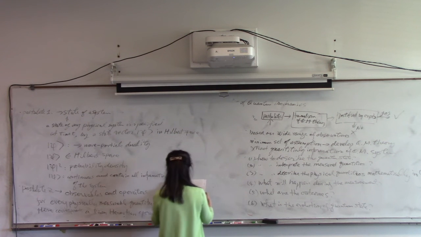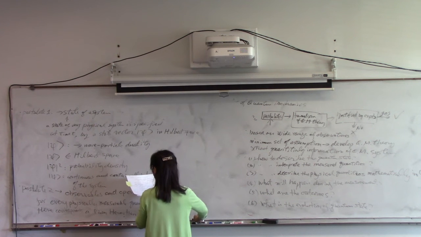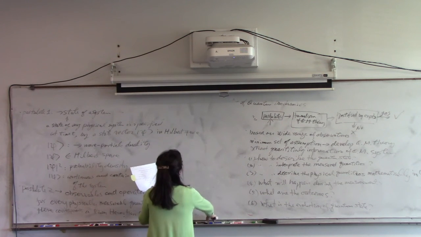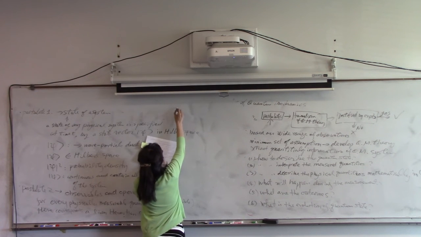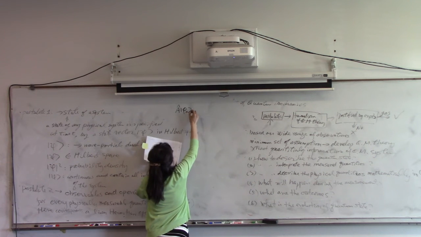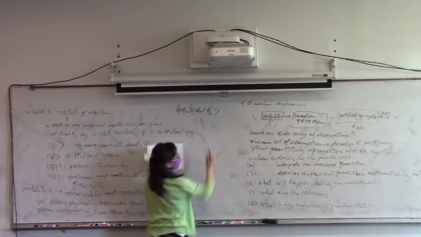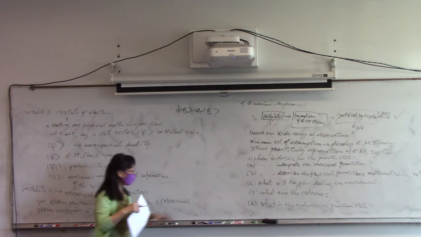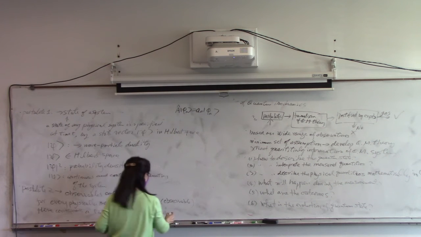So since we introduced the Hermitian operator, try to find the relation between this and this. For a Hermitian operator, we already know this is the eigenfunction of the Hermitian operator.